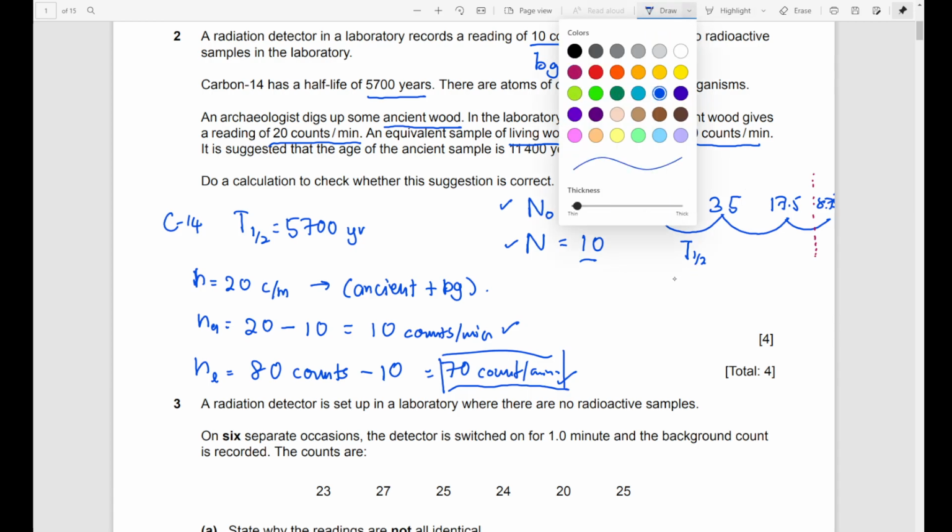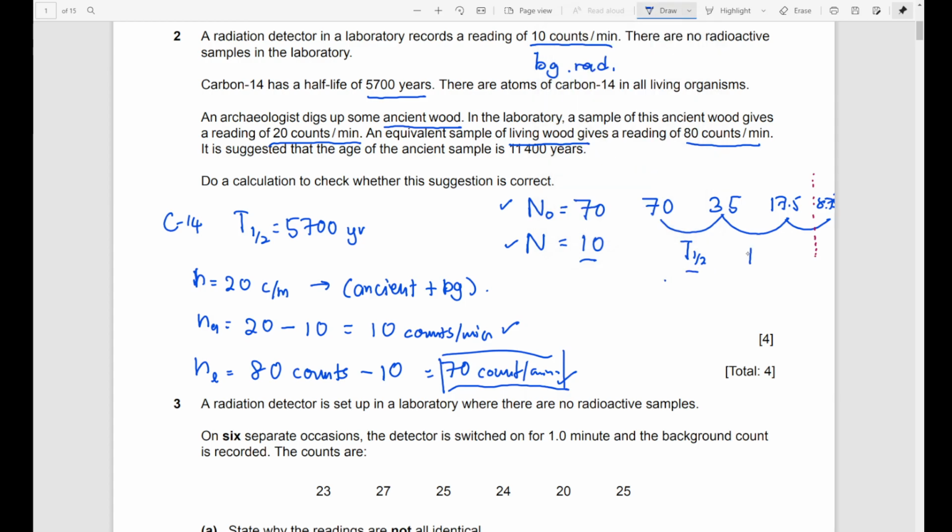So here we have 1 half-life and then 2 half-lives. If the reading becomes 8.75, that is 3 half-lives. But 10 has not reached 3 half-lives yet, maybe just beyond 2 half-lives. But we can confirm that the age of the ancient wood must be larger than these 2 half-lives.